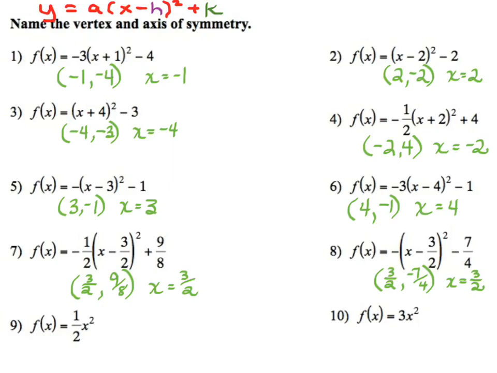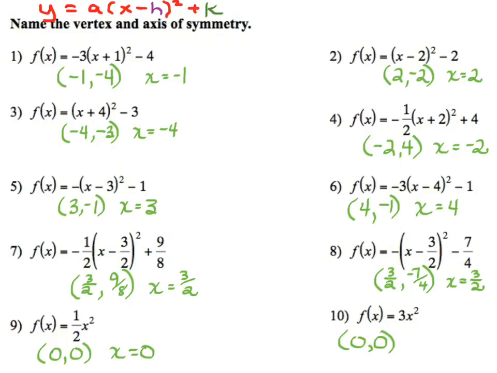All right. Now, on numbers 9 and 10, you'll notice there's no parentheses and there's no extra numbers out behind the x squared. So it does have a vertex. We just can't see it in this particular format because we don't need to have 0, 0 in there. So (0, 0) is the vertex and x equals 0 is the axis of symmetry.